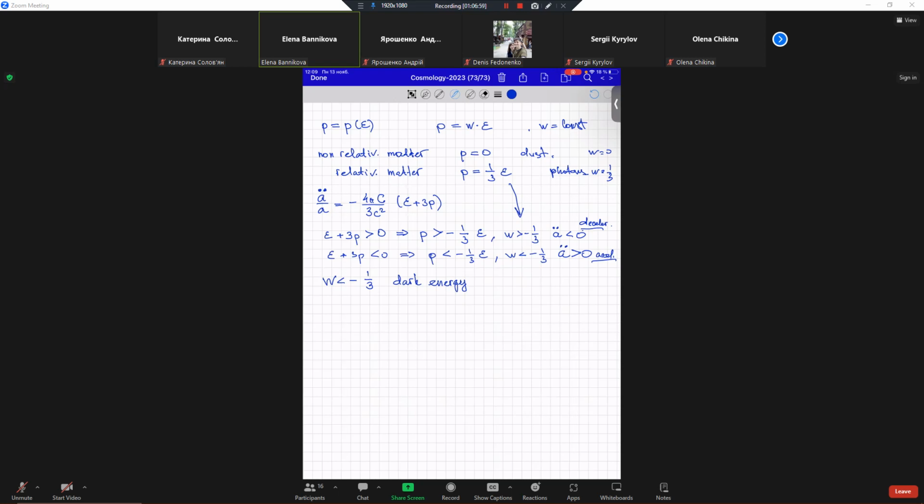This term was first used by Michael Turner, and when we speak about dark energy, this is something which creates the phenomenon of acceleration of the space. So this is the main point.